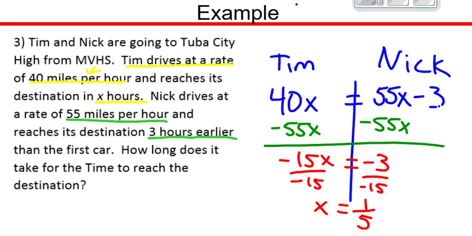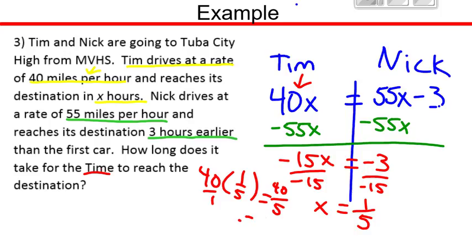They're asking me how long it takes Tim to reach the destination, so this is the equation I need to plug it into. So 40 times 1 over 5. I can make that a fraction if I want. That's going to give me 40 divided by 5, which is 8. It takes Tim 8 hours to get to Tuba City.